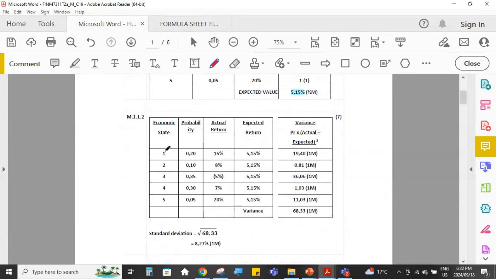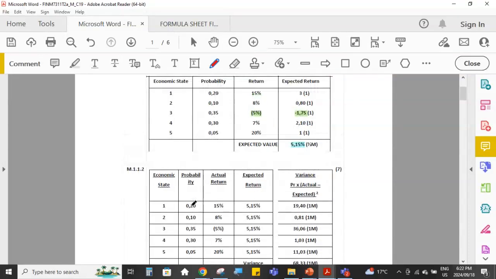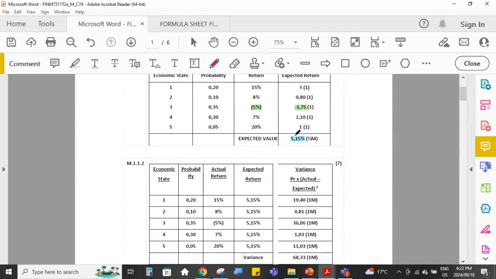So again, we're going to have a line item for each of our economic states. We're going to state the probability that we had. Let's see if I can fit them both on the page at the same time. We're going to have the same probability and the same actual return there. And now this expected return that we calculated over here, we put in this column over here.